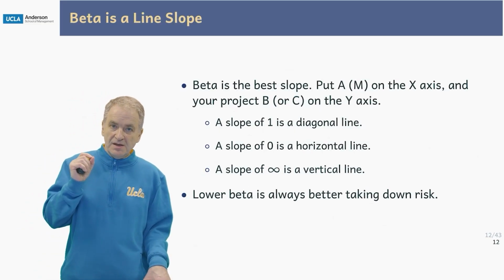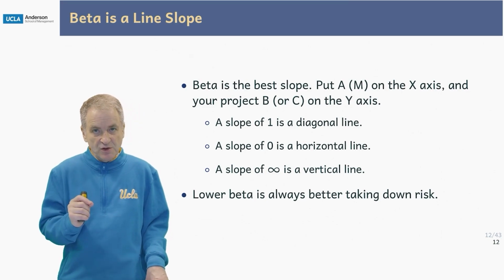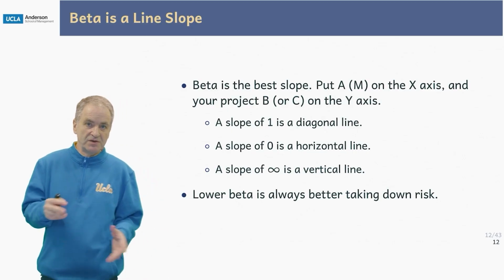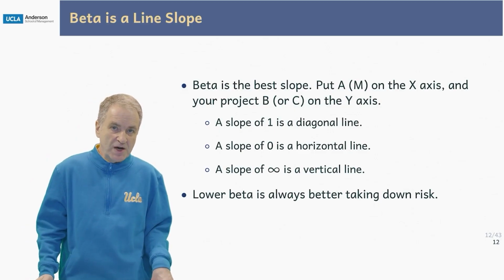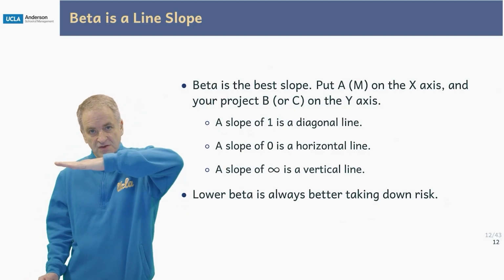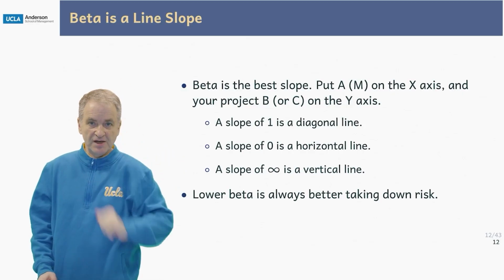Now, it's the best slope. I'm going to show it to you in a moment. It's the best slope where A or M is on the x-axis and the project, which in this case can be B or C or D, is going to be on the y-axis. A slope of 1 is a diagonal line. A slope of 0 is a horizontal line. And the slope of infinite is a vertical line.